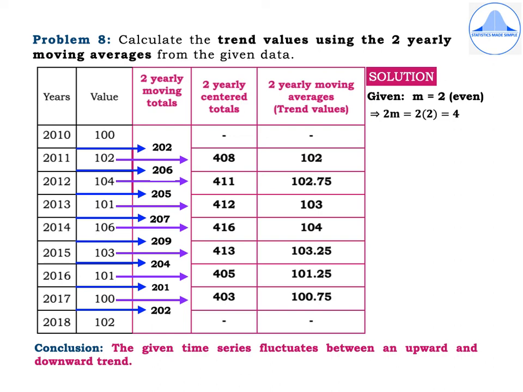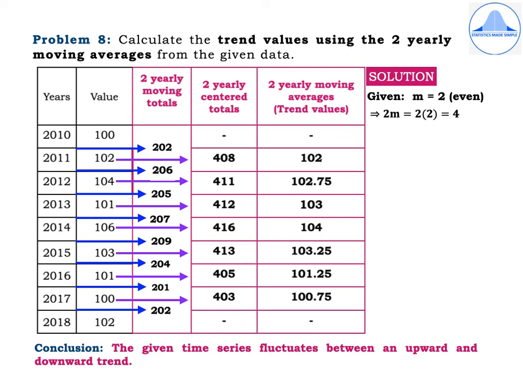And in the last column, we'll find out the 2 yearly moving averages, which are the trend values. And this is obtained by dividing the 2 yearly centered totals by 4. So again, you will see that the first and the last trend values are missing. Now to get the first trend value, 408 should be divided by 4, which is 102.